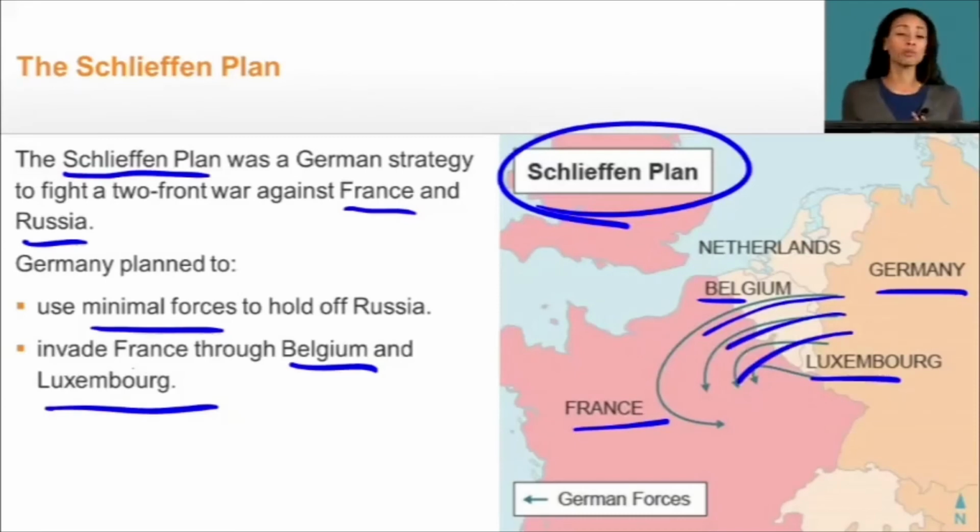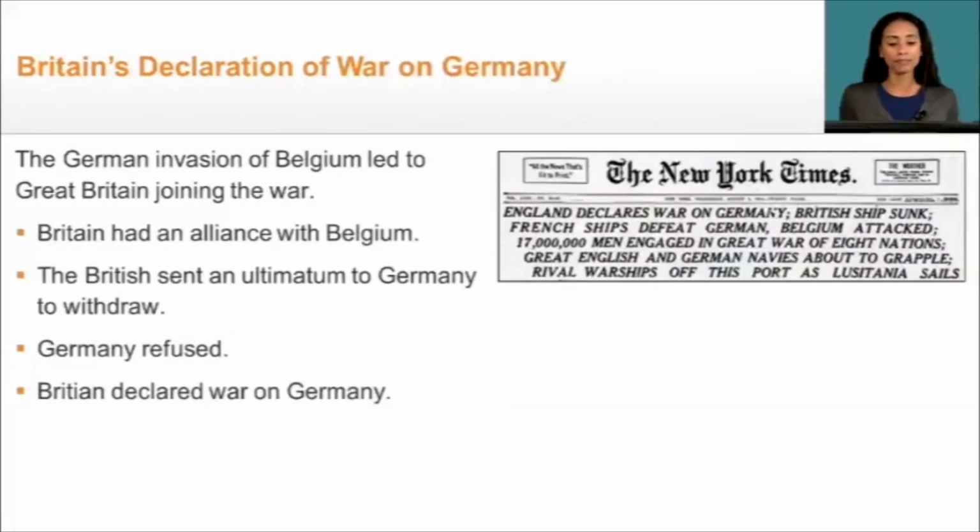Now, what Germany wasn't ready for is Belgium, which was a neutral country, denying German access to France through that country. And so Germany decides, well, if you're not going to let us come through peacefully or willingly, we're just going to invade you too. So Germany decides to invade Belgium, and that's when England gets involved.